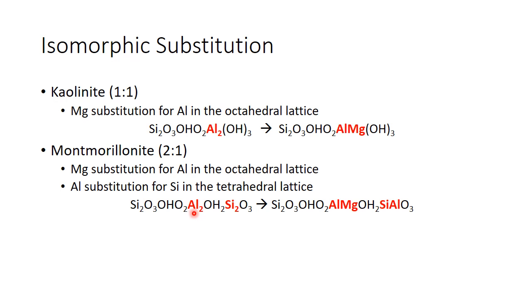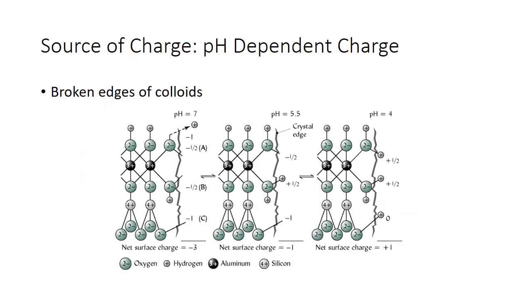So instead of Al2 for the octahedral, we have aluminum and magnesium. And instead of silicon, we have both silicon and aluminum. So this tells us that there's magnesium substituting for aluminum in the octahedral layer of montmorillonite, and aluminum substituting for silicon in the tetrahedral layer. So that was isomorphic substitution.